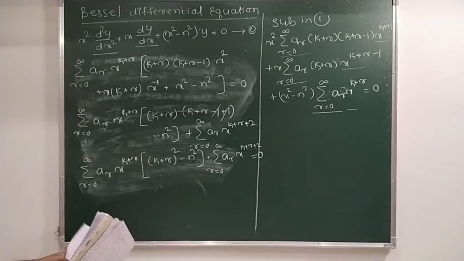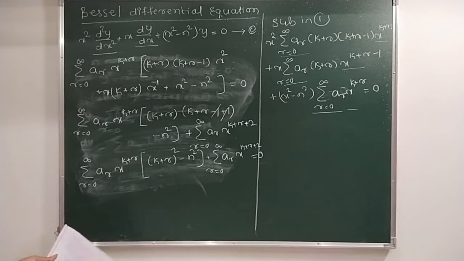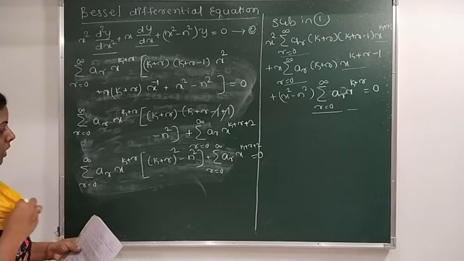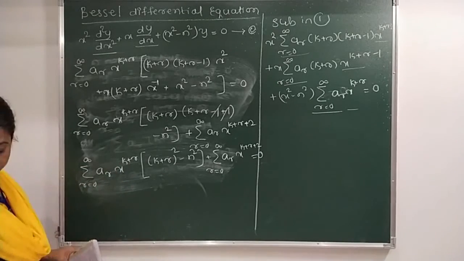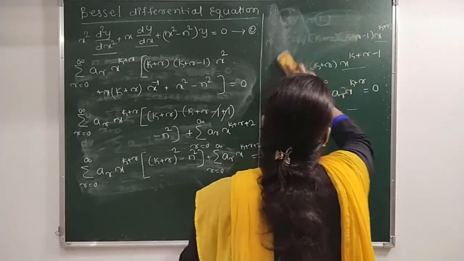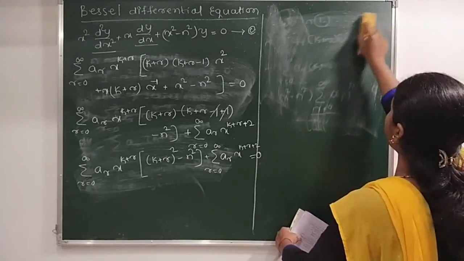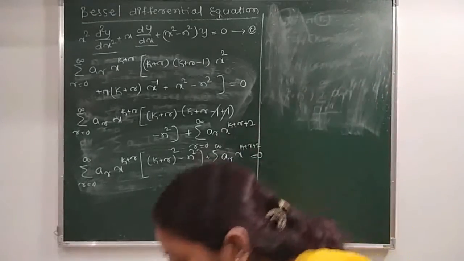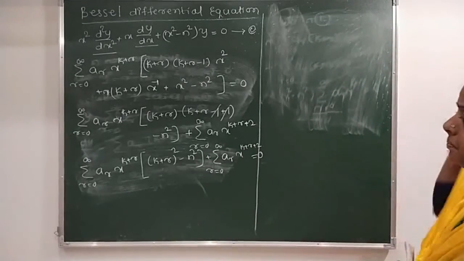After simplifying this term, you have to compare the coefficients by substituting the r values of this term. Now substitute r equal to 0, 1, 2, 3 like that.